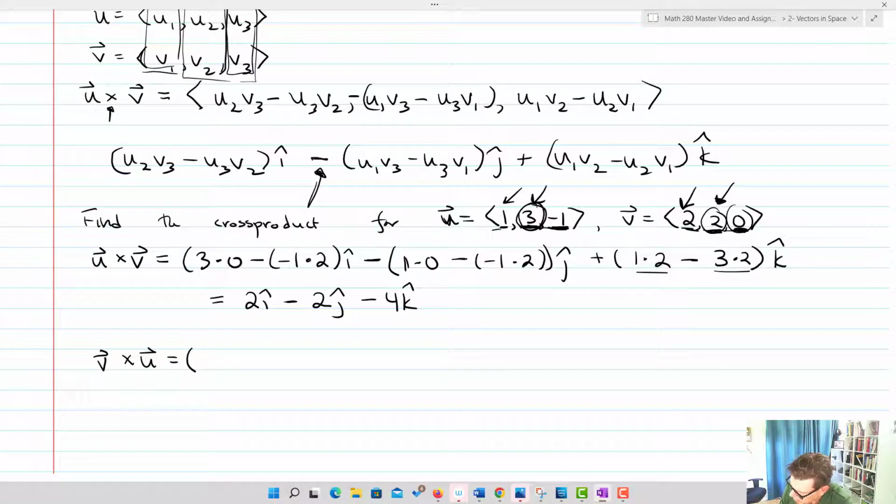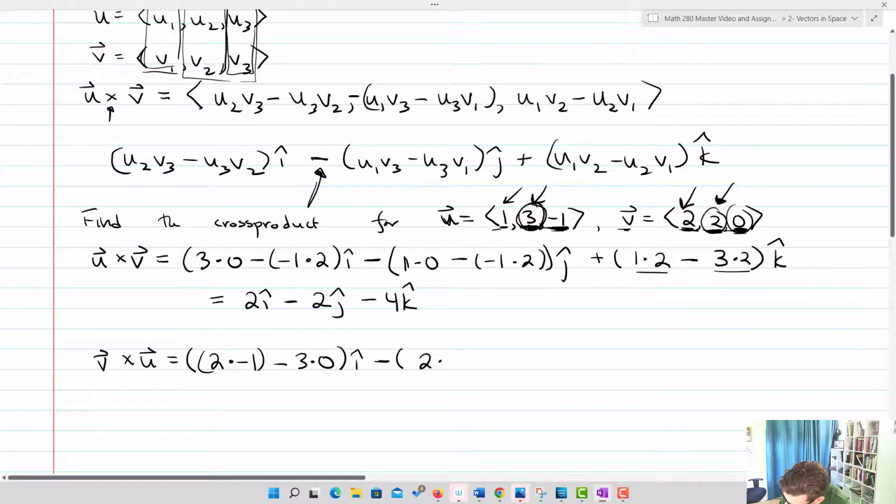What we're going to start out with now, v, here's my second and third, and my second and third inside of u, so they're still the same, it's just that we're now going to be doing 2 times negative 1 minus 3 times 0, and that'll be i. Then minus again, because that's our cross product, and now this is going to be 2 times negative 1, because 2 is now the first value, that's v1, and here is u3.